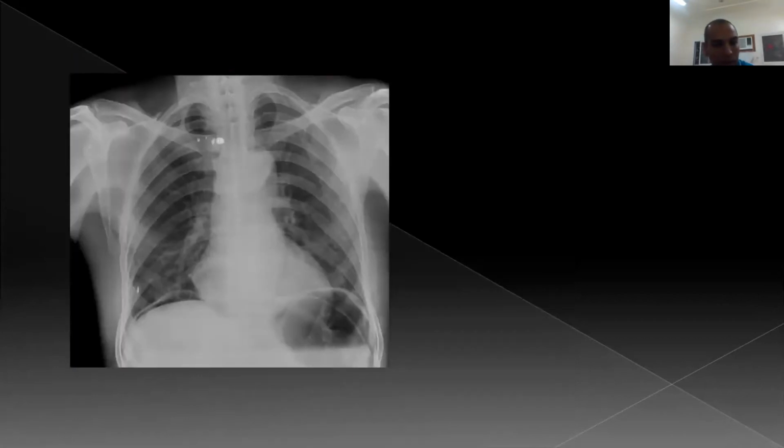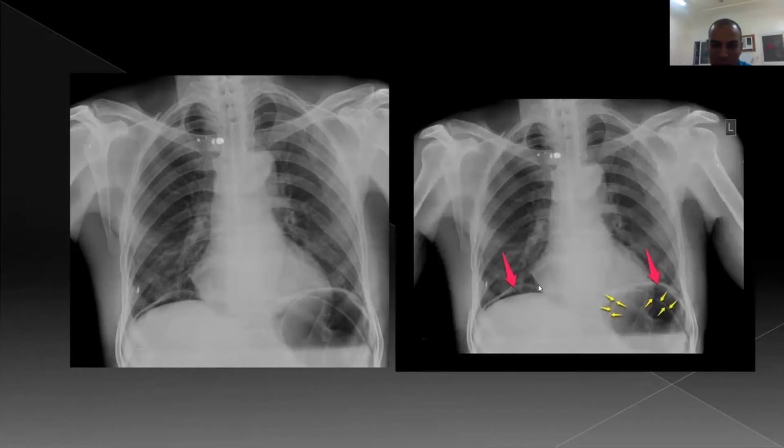Here, we said before that behind the heart is the first B, and the second B is below the diaphragm. Look at this one, this is the diaphragmatic copula, the left side diaphragmatic copula, and we have here some lucency between the diaphragm and this shadow. This is the shadow of the liver. So we have here subphrenic gas from a perforated viscus in the abdomen.